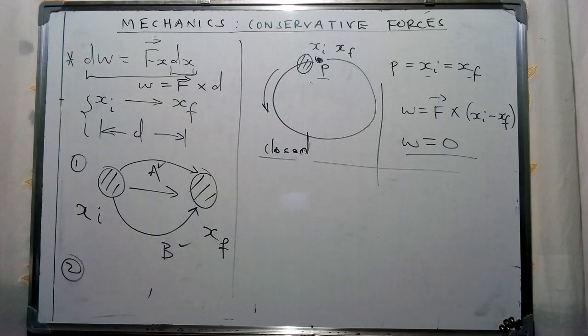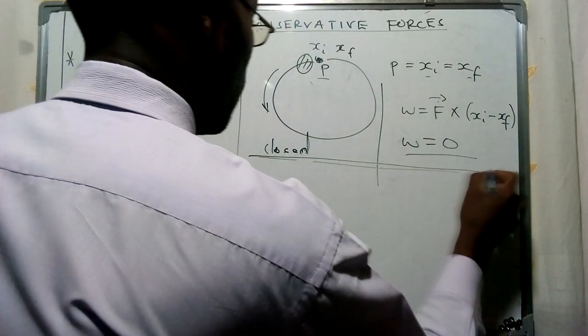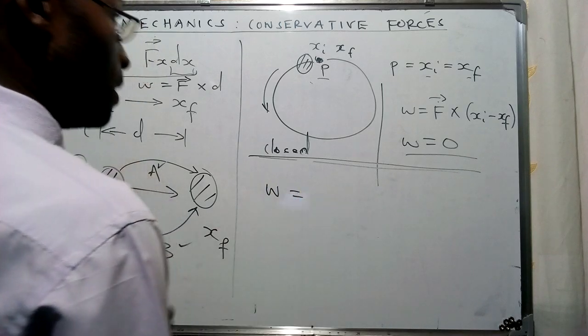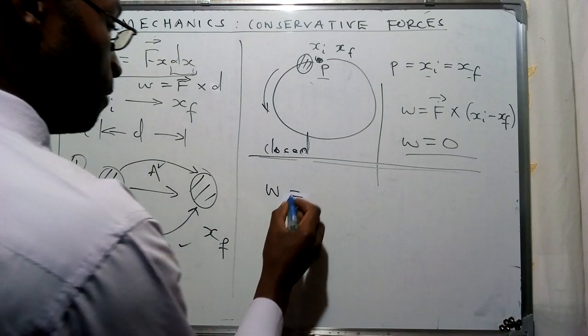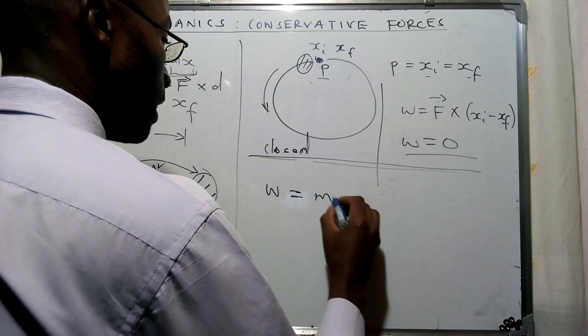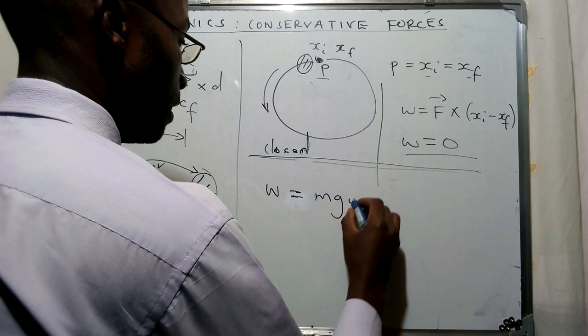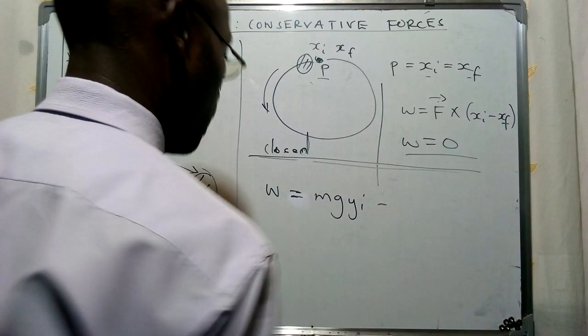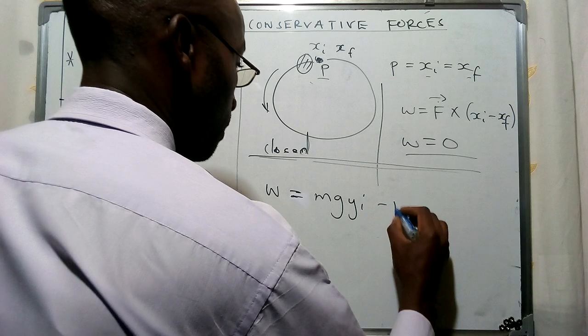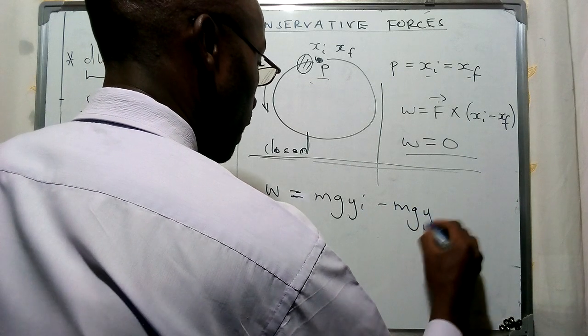In our previous discussion, we talked about the element of work, which involved the concept of potential energy, whereby we said that work can be given in terms of mg y initial minus mg y final.